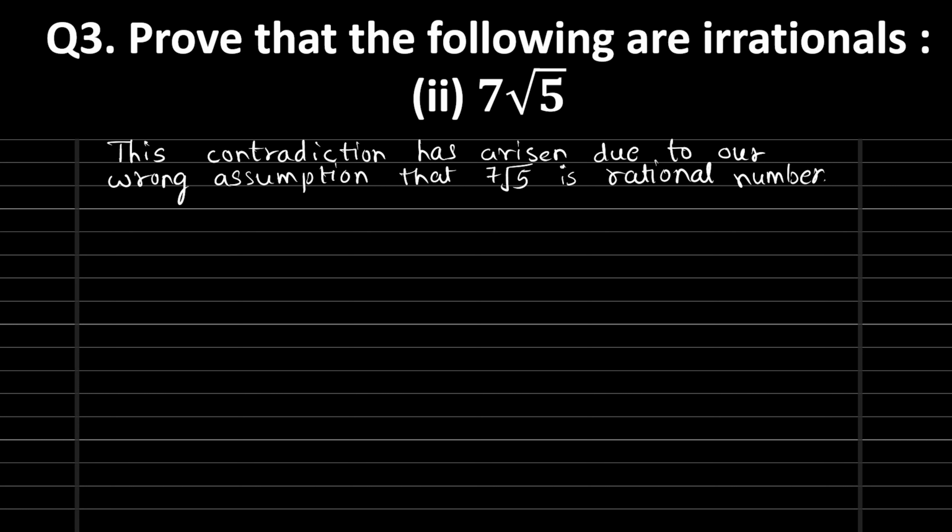If this assumption is wrong, what should be the right thing? It implies 7 root 5 is an irrational number.